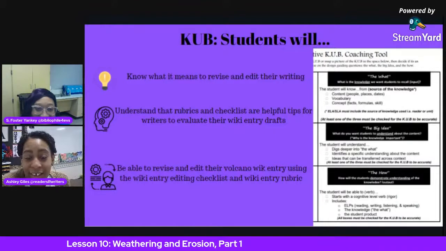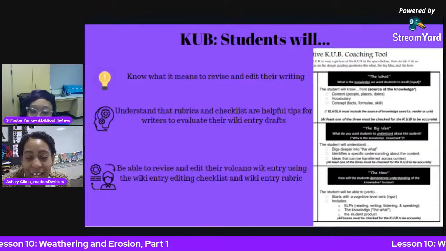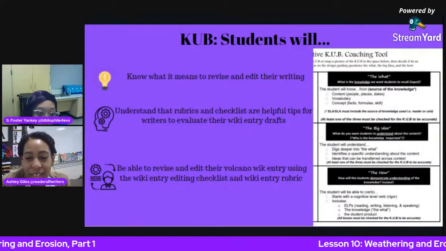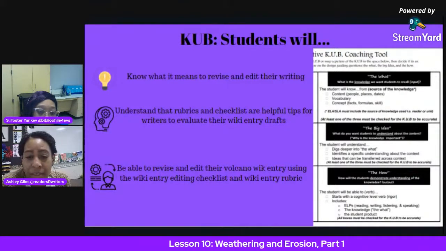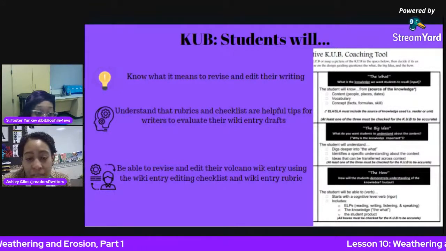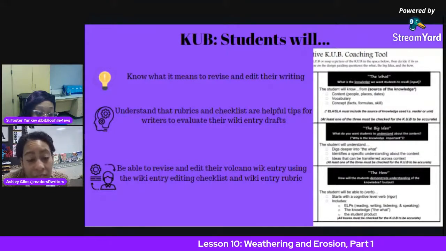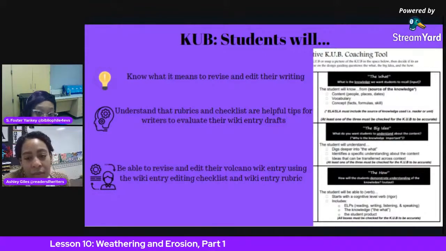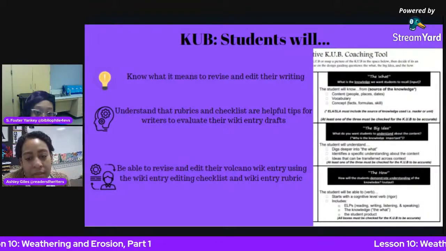I'm just trying to imagine if they would be able to give a basic recall answer. They should, in my opinion. Unless it says what's the difference, I like what you said before: we'll know the purpose of revising and editing their writing.